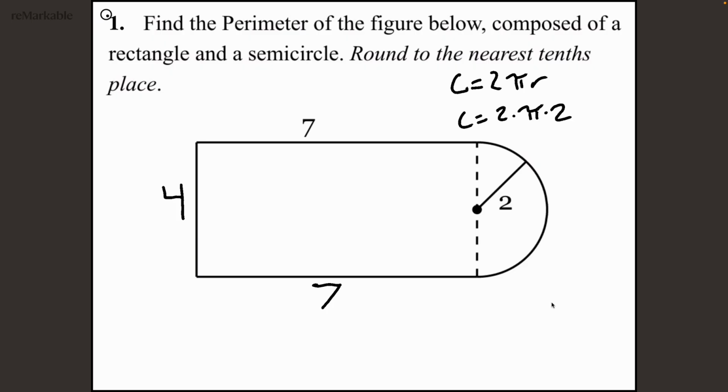Now, it is half the circle. So the circumference equals 4 pi. If I just have half the circle, I'm going to divide 4 by 2. That leaves you with 2 pi.